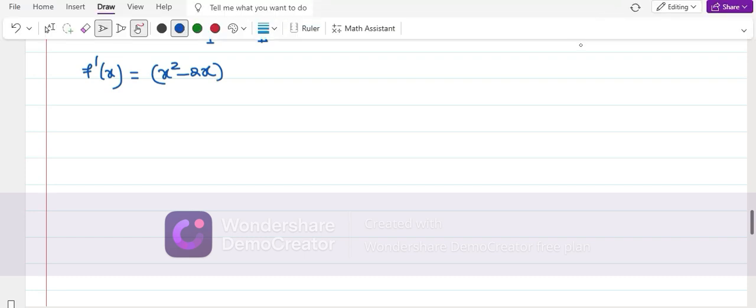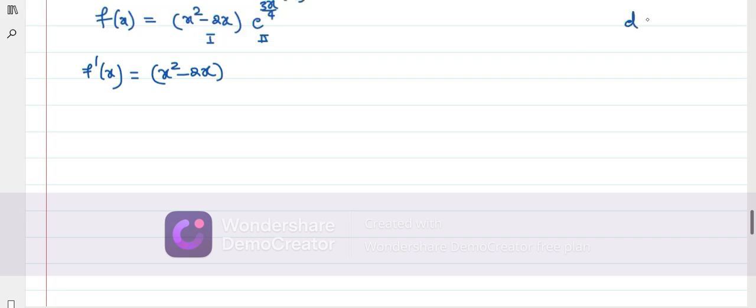What is the differentiation of e power x? The differentiation of e power x is e power x. What is the differentiation of e power ax? It is a into e power ax. So here we are differentiating e power 3x by 4. Here a equals 3 by 4.